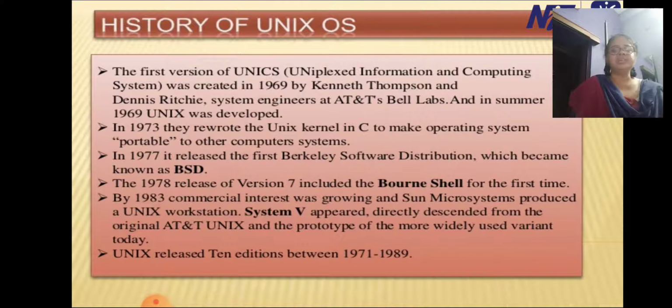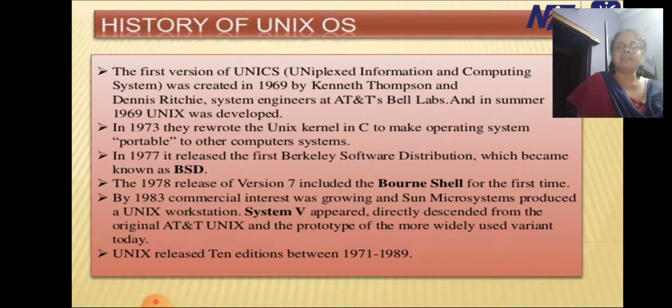In 1973 they wrote the Unix kernel in C to make the operating system portable to other computer systems. In 1977 the first Berkeley Software Distribution was released, which became known as BSD.